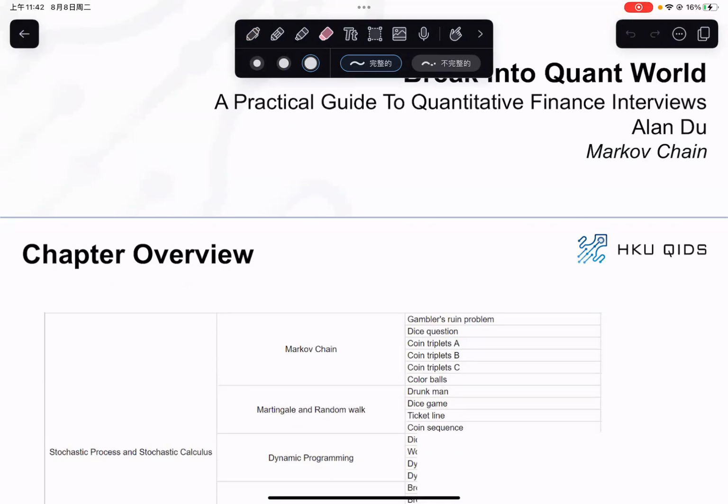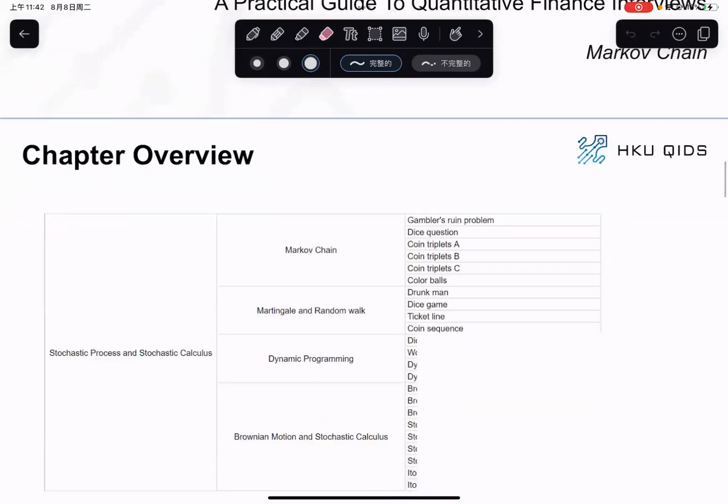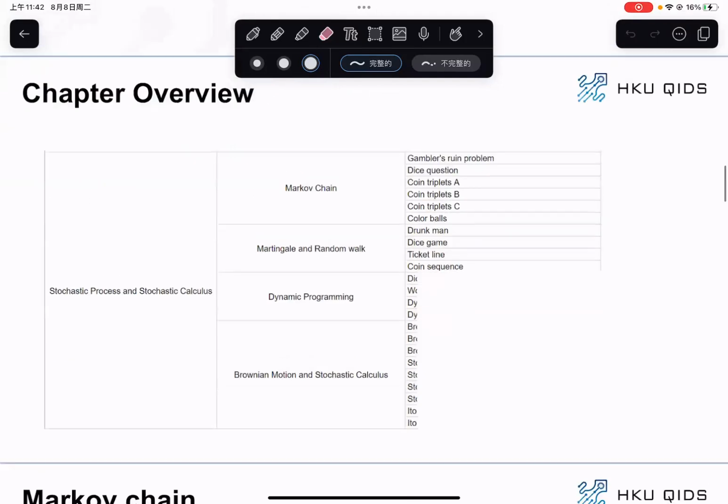Let's first have a chapter overview. In this chapter, we are going to cover a few topics: Markov chain, random walk, and martingale, and also dynamic programming, which are often not included in introductory probability courses. They are some kind of advanced level.